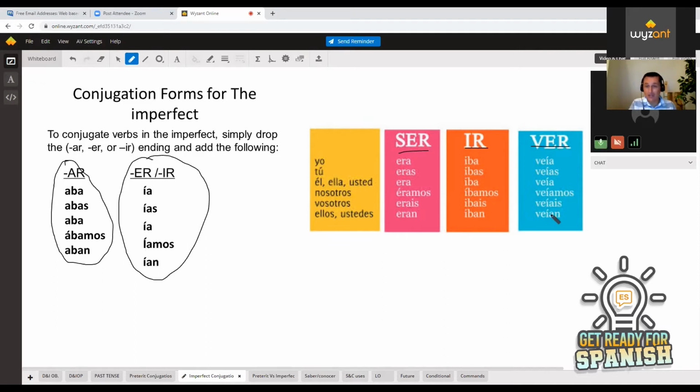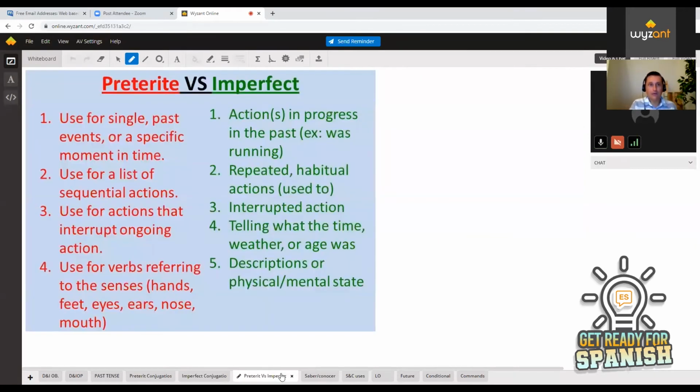This is all you need, but it's a little harder to use. Well, when do we use one versus when do we use the other? Here we have it. Preterite, imperfect. So both, please remember this, both are past tenses. Both are used to describe things that happened already.